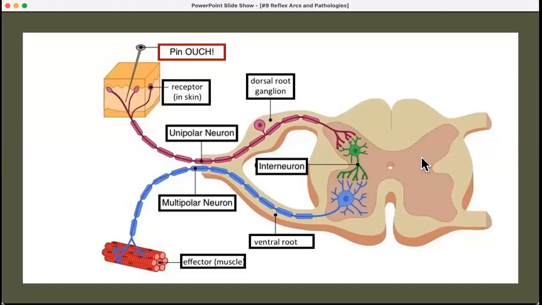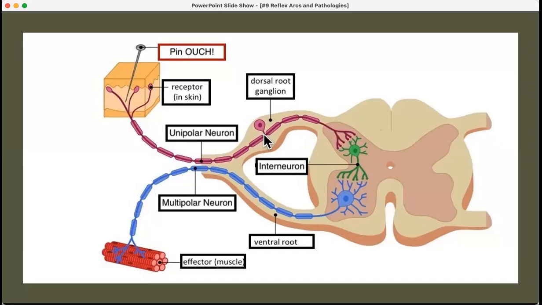So breaking it down into all the different cells, as I mentioned, between the cells is this interneuron, this green image right here. So it connects the sensory nerve to the multipolar motor nerve. So here's the sensory nerve. It's coming in, it's a unipolar neuron.